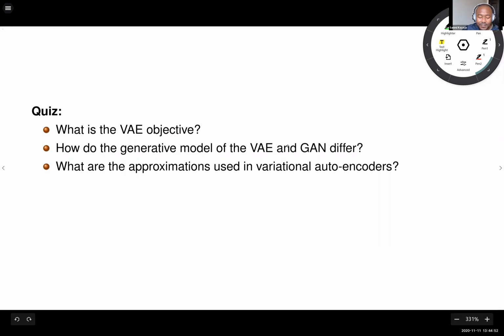Among the approximations used in variational autoencoders, the most important one is the variational approximation, where you replace computing the real P of Z given X with an approximation. The other important one is that sometimes, instead of expectations, we just use a few samples. Those are the two key approximations of variational autoencoders. Then the reparameterization trick is a way to remove randomness, or stochastic sampling, from the critical path of a function graph. It's called a trick, but it actually completely makes sense as a way to solve the optimization problem.